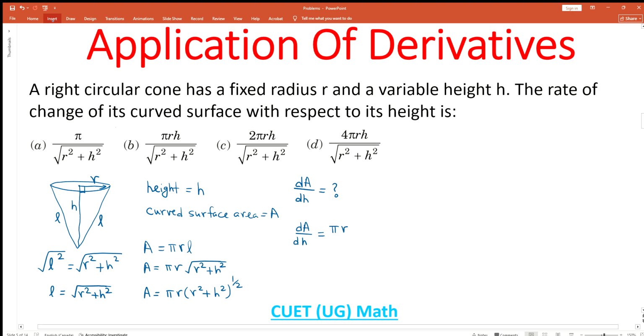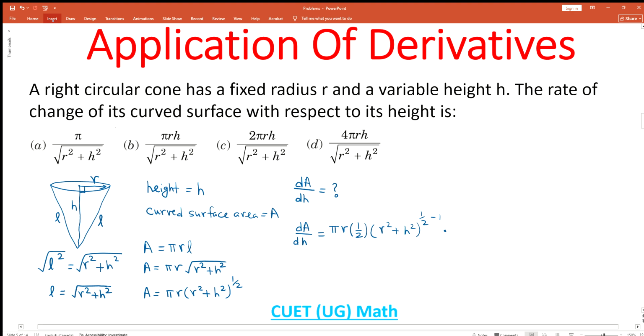As per chain rule, we start with the derivative of the outer function, the rational exponent 1 over 2. We move the exponent to the front of the term and subtract 1 from 1 over 2 in the exponent. Times the derivative of the inner function, which is r square plus h square with respect to h.